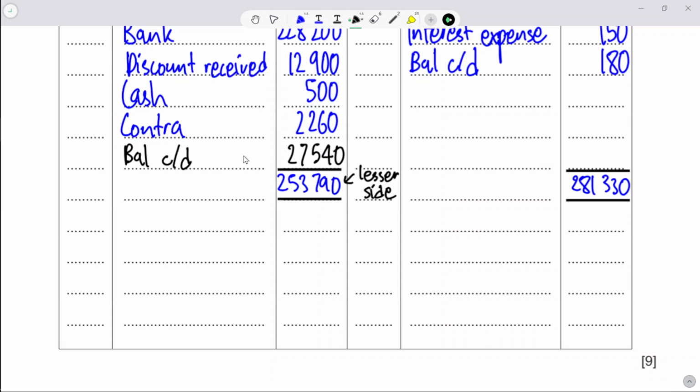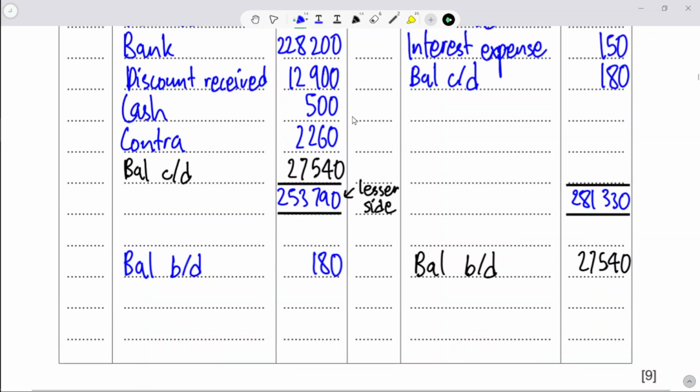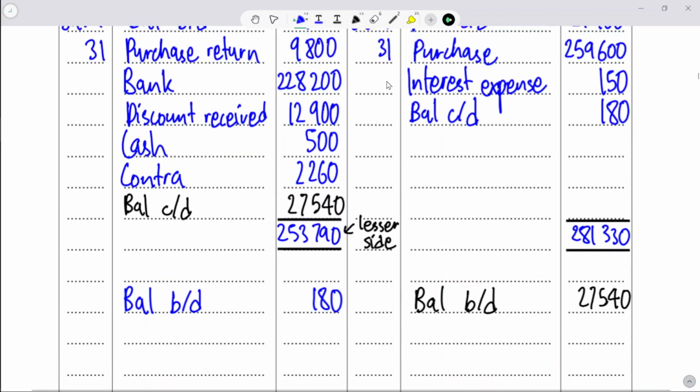Okay. So this one left go to right. Then this one right go to left. Okay.